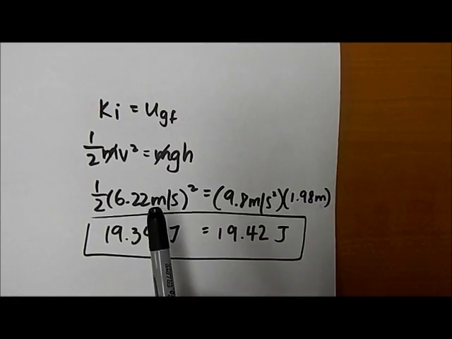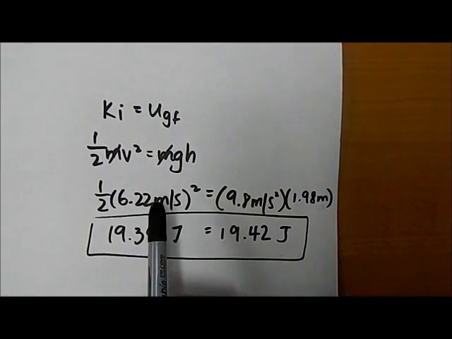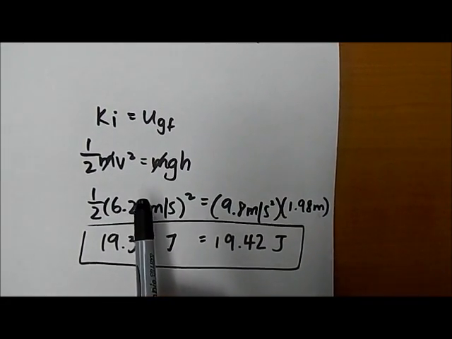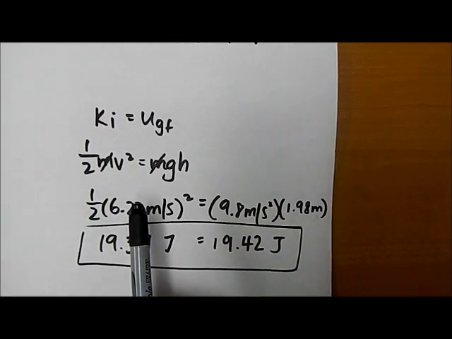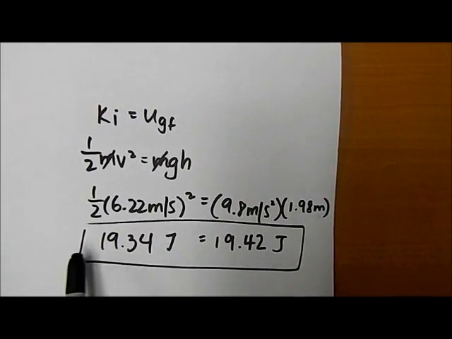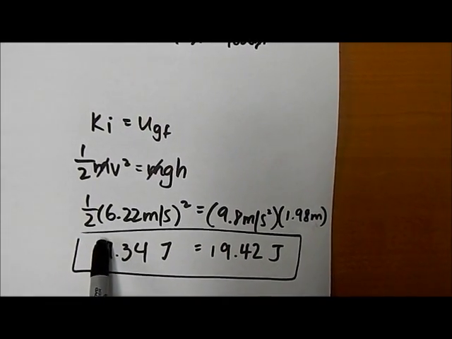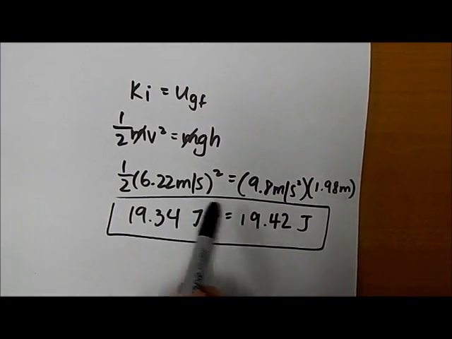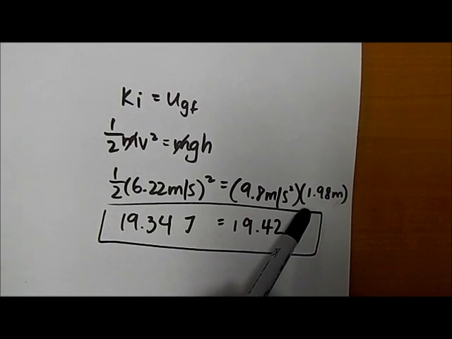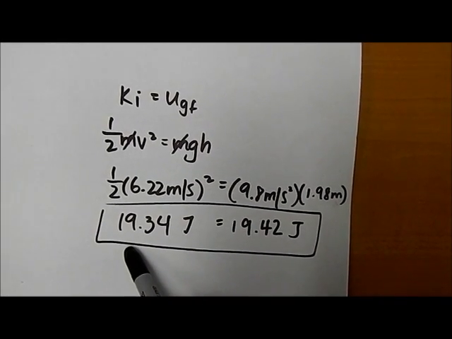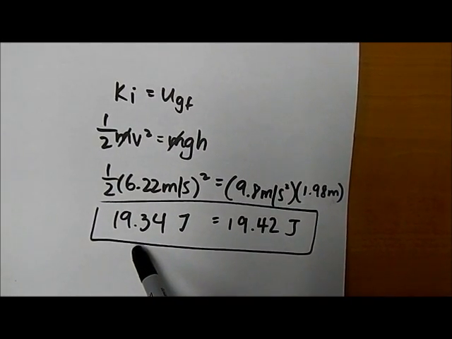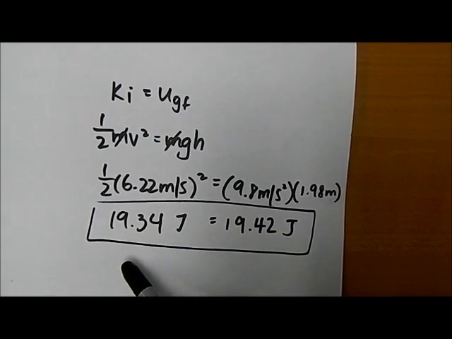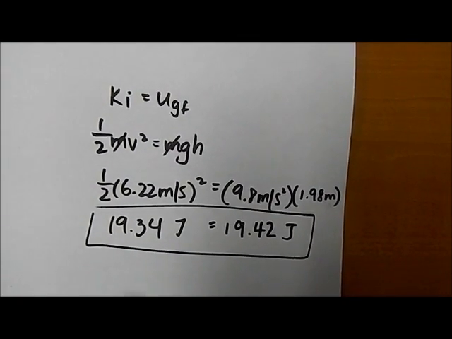So 1/2 mv squared equals mgh, and the m's on both sides cancel out because they're the same. So essentially we have 1/2 v squared equals gh. Then we plugged in the values, 6.22 meters per second for the initial velocity and 1.98 meters for the height. And we got 19.34 joules for the kinetic energy and 19.42 joules for the gravitational potential energy.